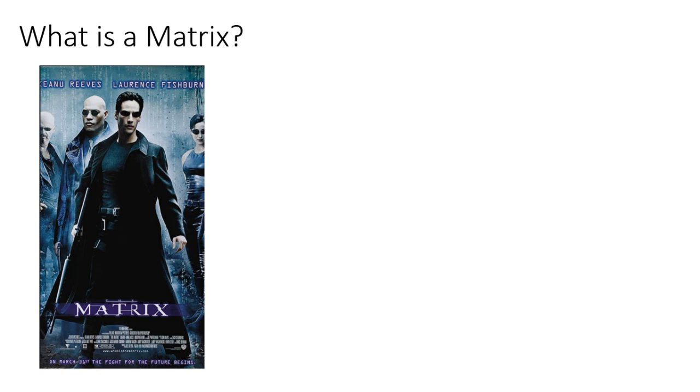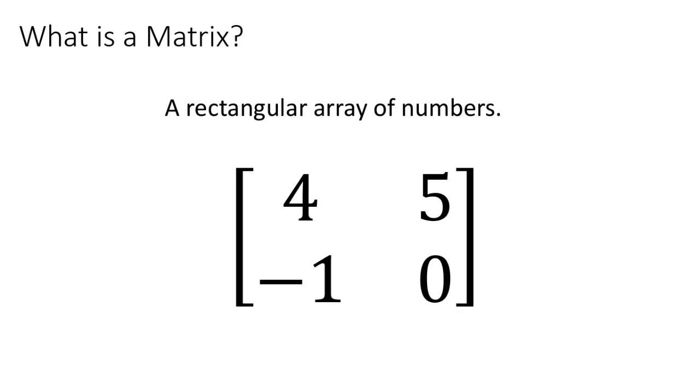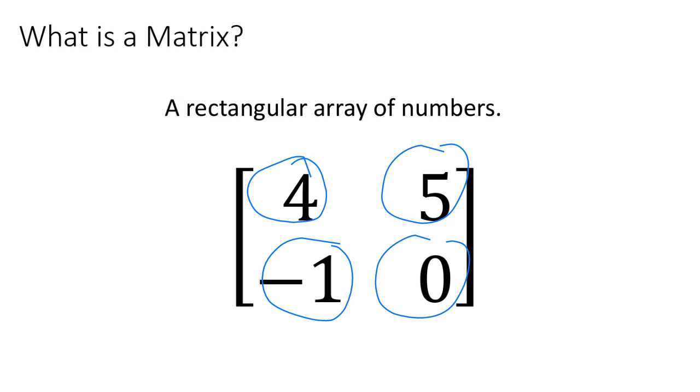Although matrices played a role in making that movie, we are going to talk about this type of matrix. A matrix is a rectangular array of numbers. These numbers in here are all called entries. And whenever we want to name a matrix, we always use capital letters.